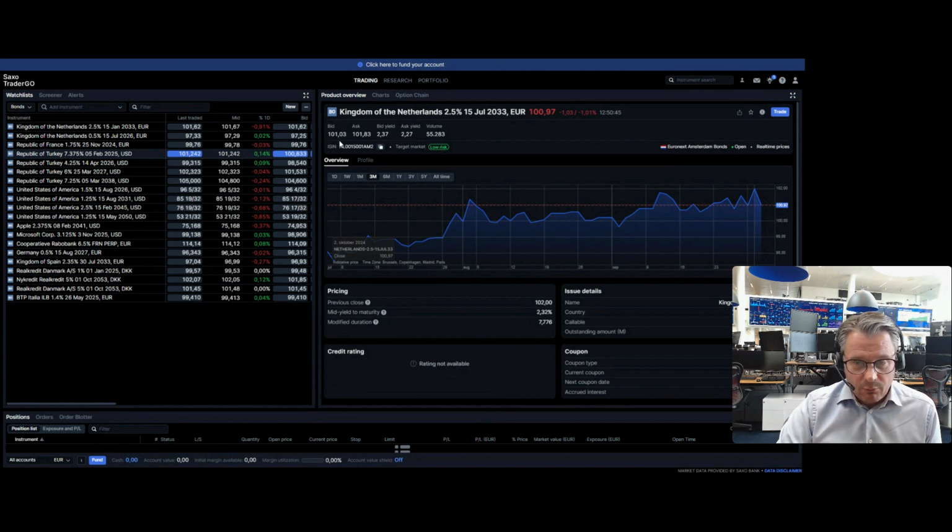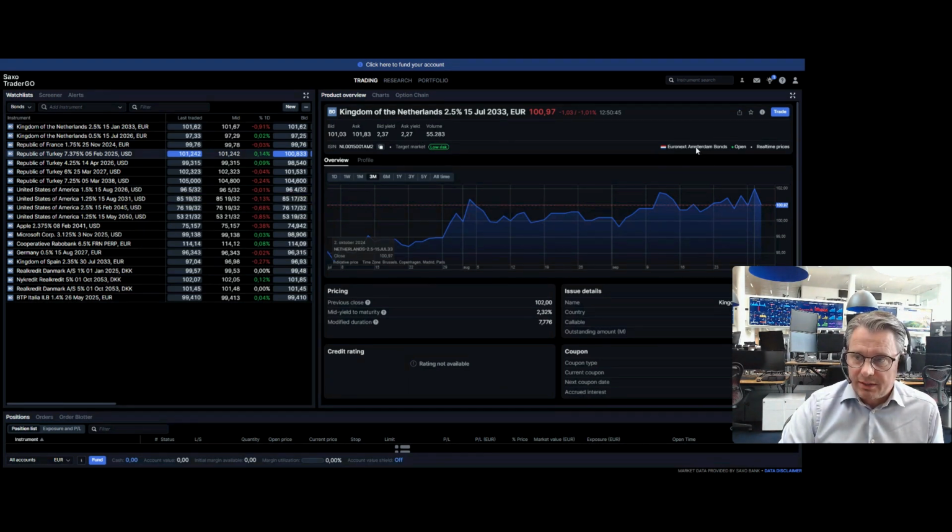So in this case, if I want to buy this bond, the offer price in the market right now is 101.83. And we calculate here that if you buy at exactly 101.83, that will correspond to an annual yield to maturity of 2.27% until 2023.